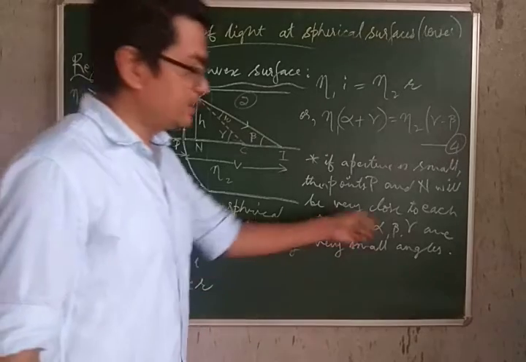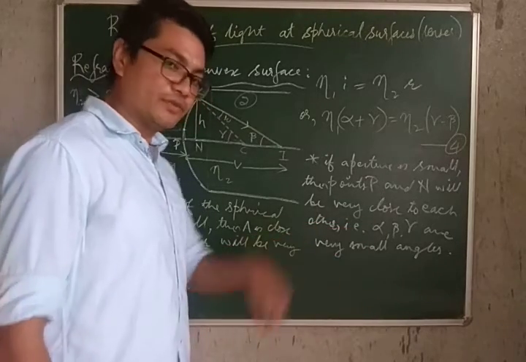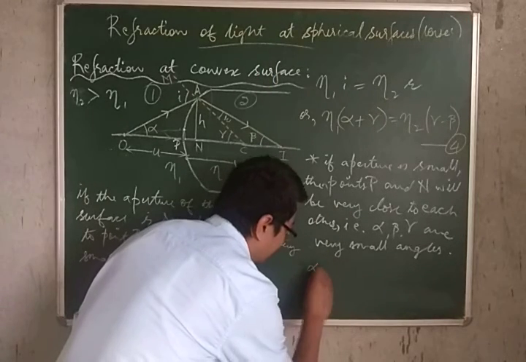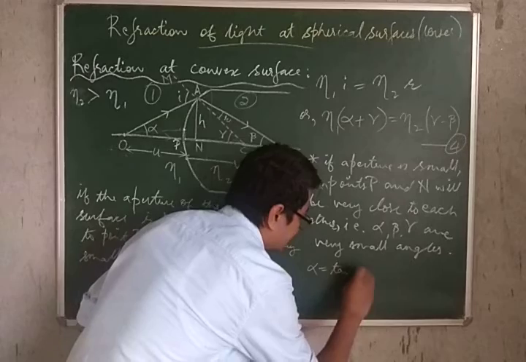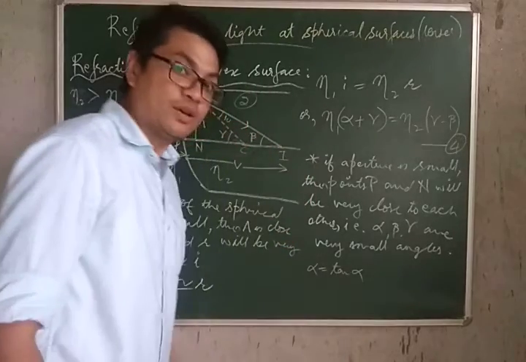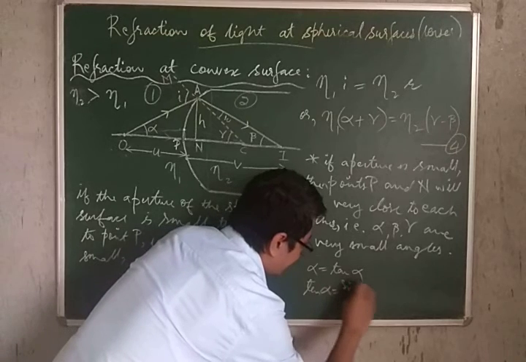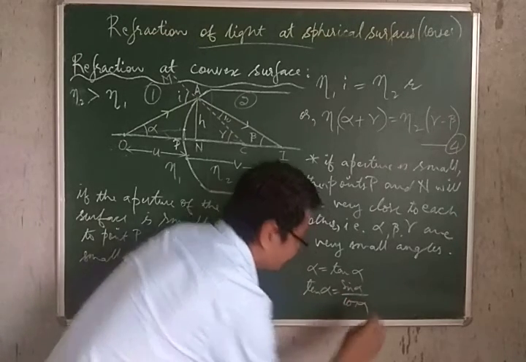Okay, so if alpha, beta, gamma are very small angles, then what happens? Instead of alpha, we can write tan alpha. Why? Because tan alpha is sin alpha by cos alpha.